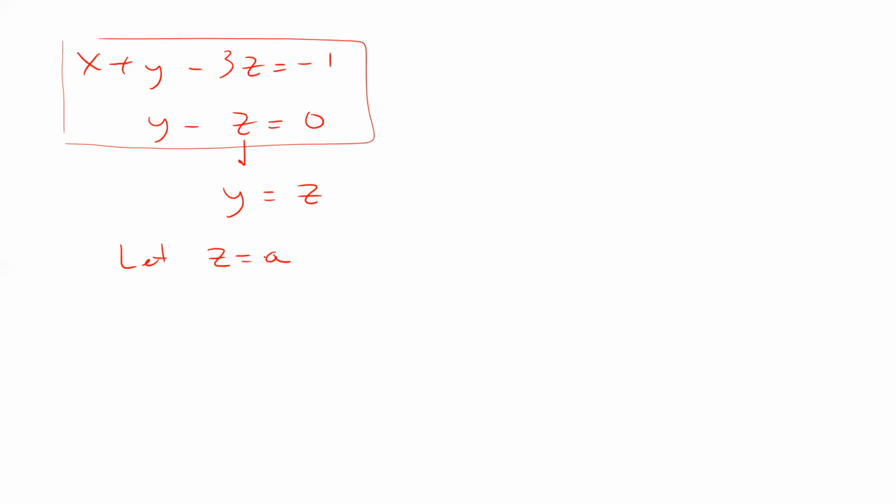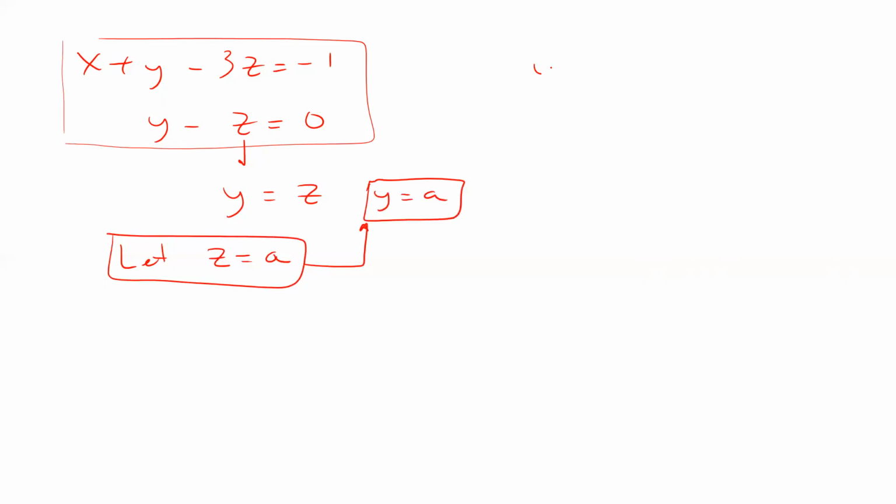And so if that's the case, now we're going to backtrack again. If that's true, what's the y value going to be? The y value is also a, is that right? If this was a different connection, and we moved it over, then we would have had 2a on our hands. But because y and z were the same, it's the same value. Okay, so then let's go up one more.